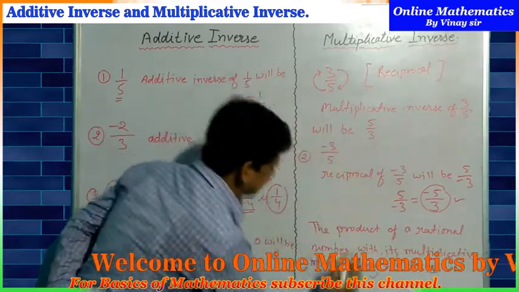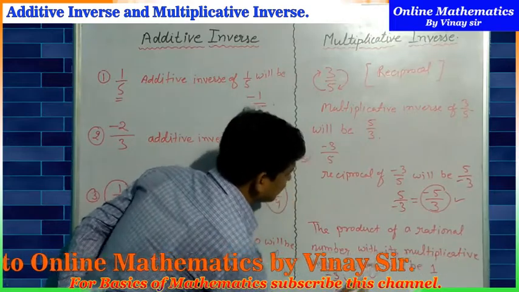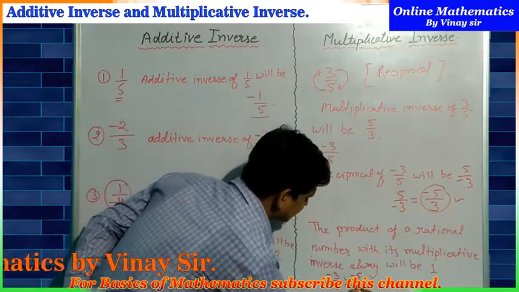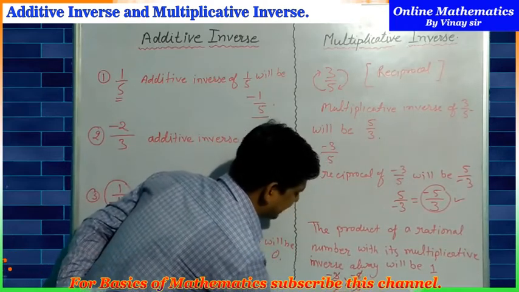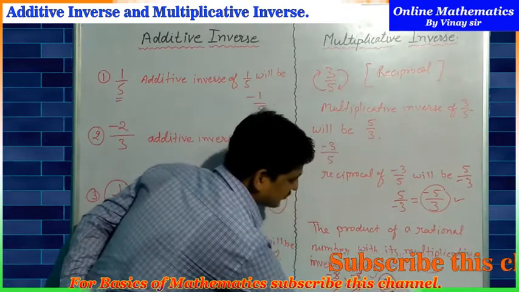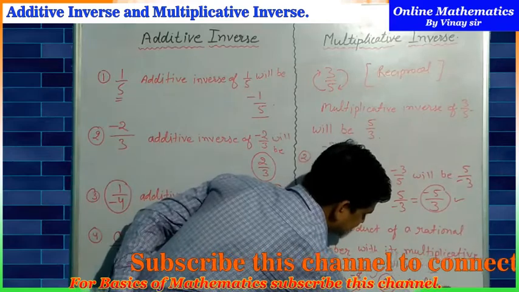If we take this example, we have minus 3 upon 5 and we multiply it by its reciprocal, that is minus 5 upon 3. This 3 will be cancelled, this 5 will be cancelled, and we get the result 1. And this 1 is also called the multiplicative identity.